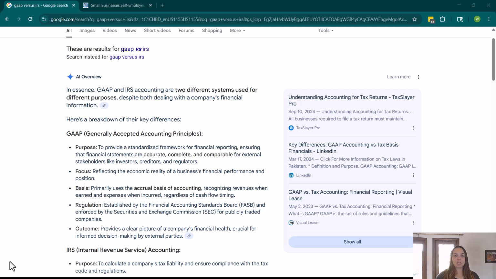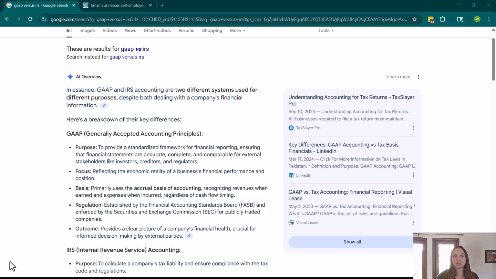Okay, so to recap really quick, GAAP and the Internal Revenue Code are two different sets of standards that we tend to follow in the US for small businesses, the Internal Revenue Code being far more popular than GAAP. GAAP stands for Generally Accepted Accounting Principles. The IRC stands for Internal Revenue Code.